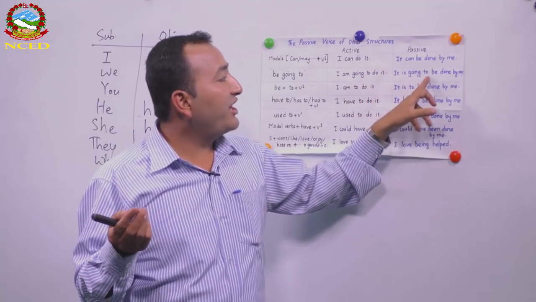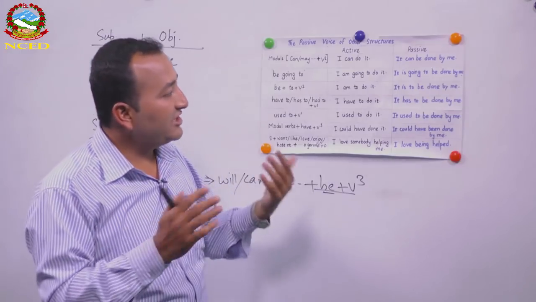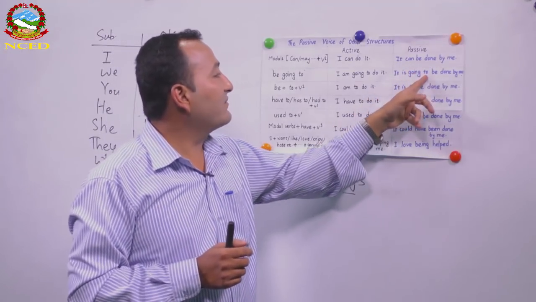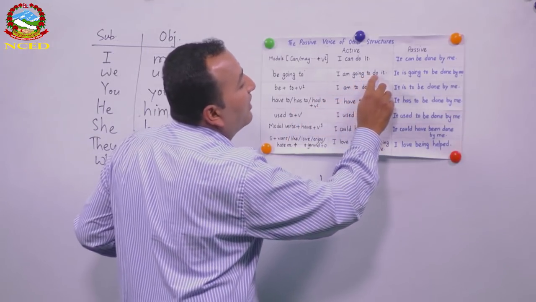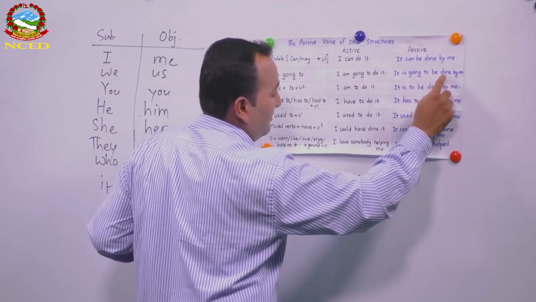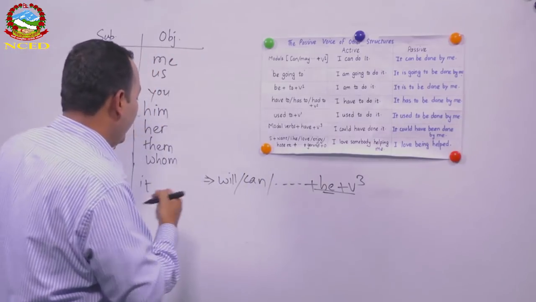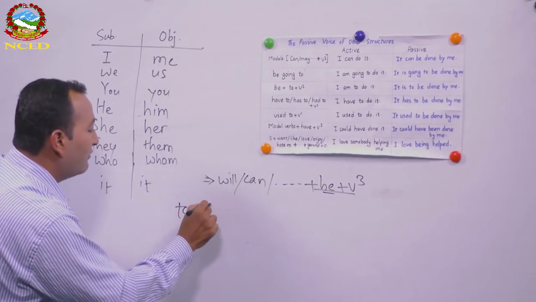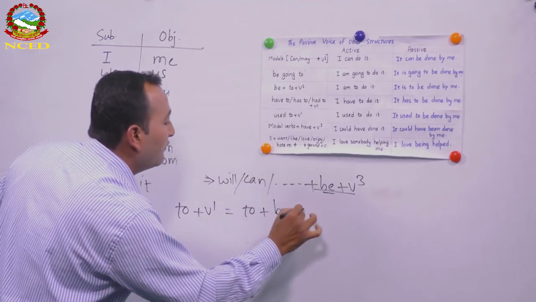Going to stays the same, because this is going to future and there must be going to in passive or active, in both. Going to, and to make the verb passive, we use be plus verb 3. For to plus verb 1, we write to plus be plus verb 3.